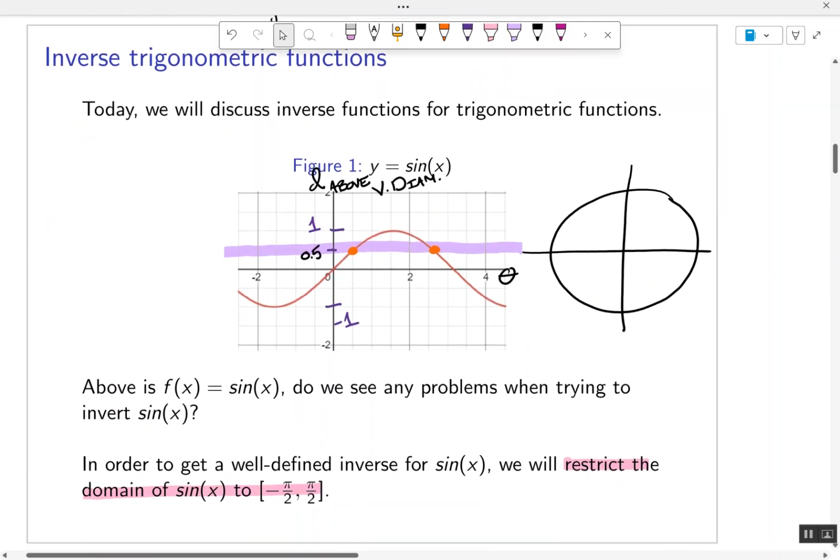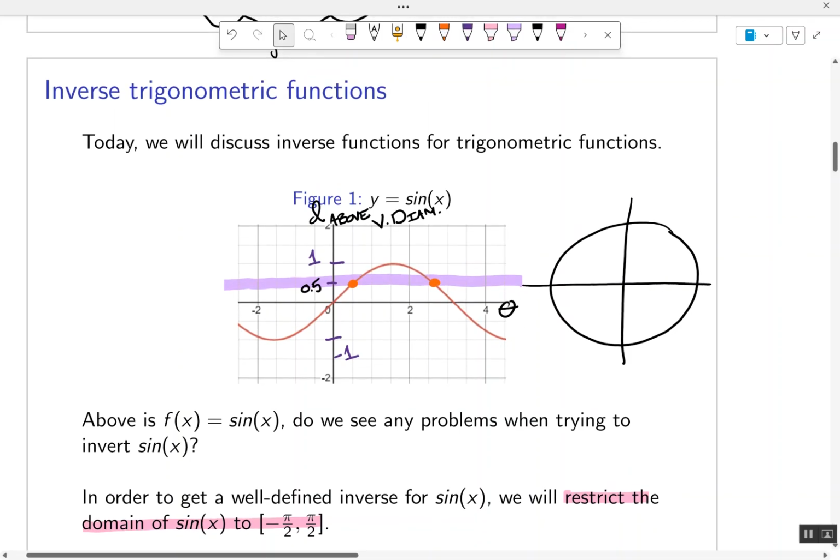Okay, so now we're going to talk about inverse functions of the trigonometric functions. So let's look right here at the graph of sine. This is the graph of sine.